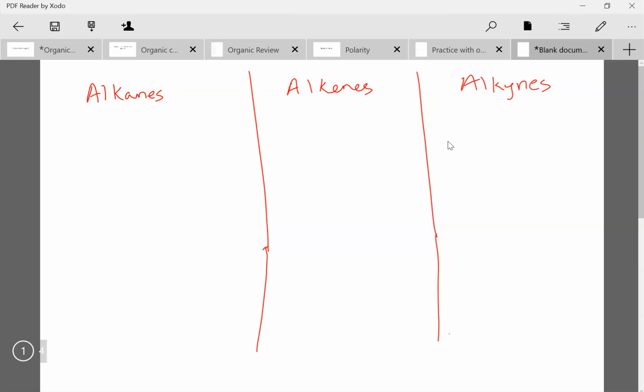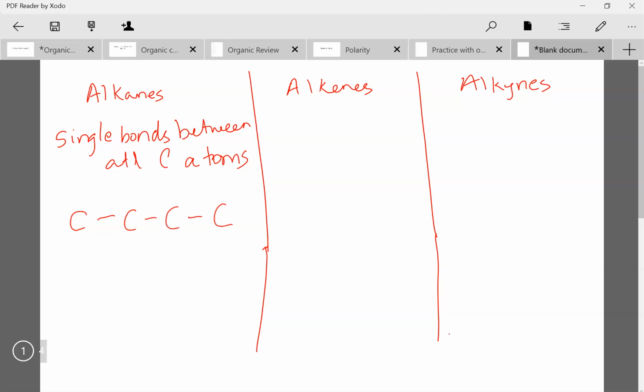So the general formula for an alkane we'll talk about later, but basically what an alkane means is they're all single bonds between carbon atoms. So this means that in your compound, in your chain, you have only carbons that are connected by single bonds. Again, carbons can have double bonds or triple bonds to other atoms, but in between the carbon atoms, there has to be only single bonds. That's the definition of an alkane.